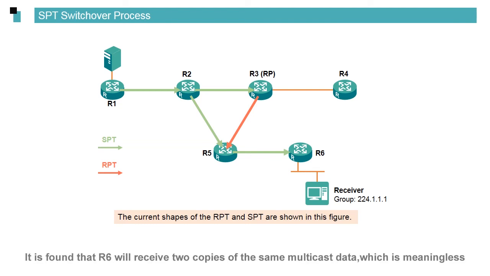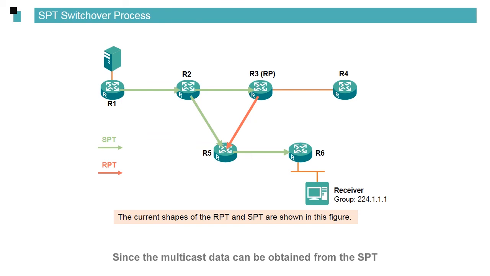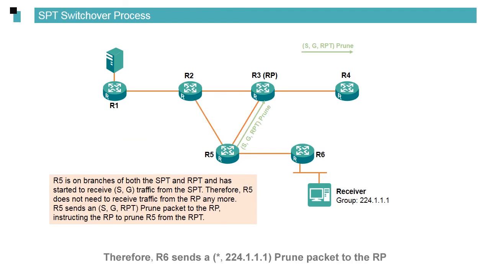It is found that R6 will receive 2 copies of the same multicast data, which is meaningless. Since the multicast data can be obtained from the SPT, it is unnecessary to obtain this data from the RPT as well. Therefore, R6 sends an asterisk, 224.1.1.1 prune packet to the RP, requesting to be pruned from the RPT.